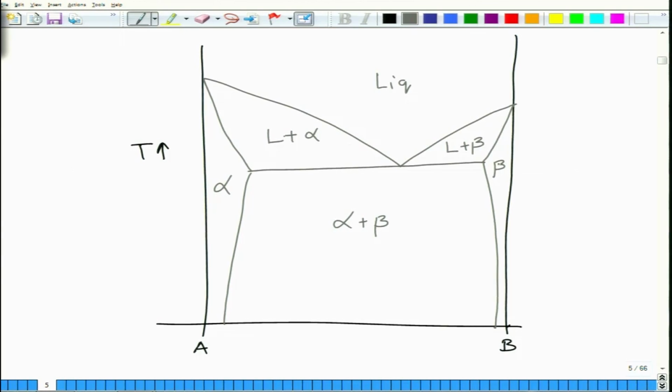This looks like a neater diagram, and this is Tm of B, this is Tm of A. So this would be a eutectic phase diagram, and these alpha and beta can have different structures, but alpha and beta can also have similar structures, alpha 1 and alpha 2 for instance. For example, you have systems like lead tin alloy, which is a very important soldering material. It follows this kind of phase diagram.